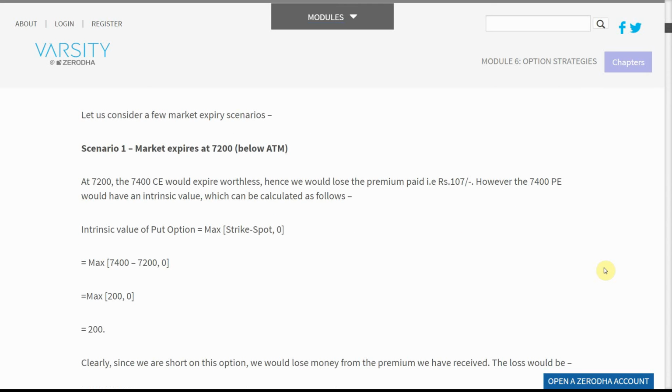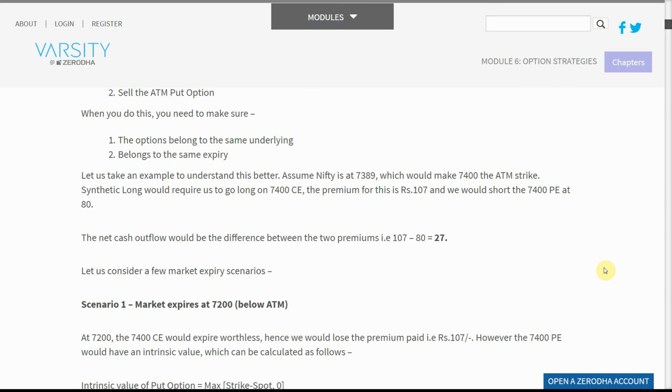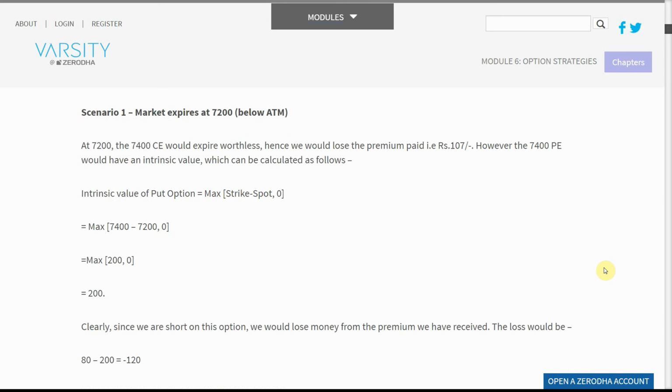Scenario 1. Market expires at 7,200, below ATM. At 7,200, the 7,400 CE would expire worthless. Hence we would lose the premium paid, i.e. 107 rupees. However, the 7,400 PE would have an intrinsic value, which can be calculated as follows.